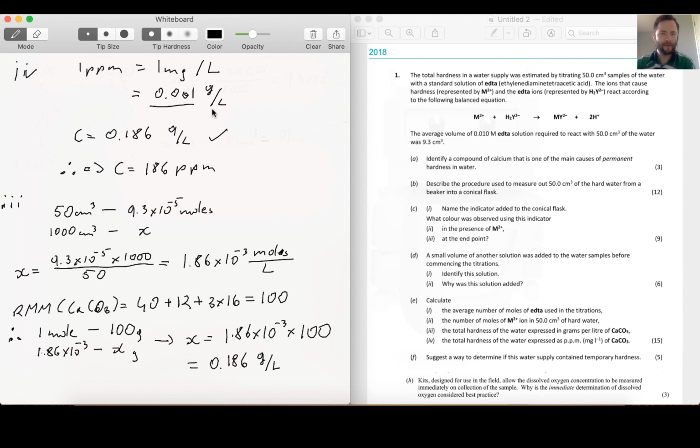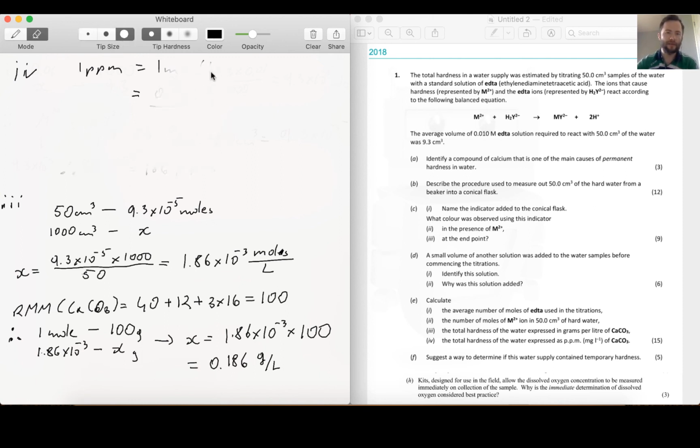That's the first thing to know. The second thing I know is that 1 part per million is a thousandth of a gram, 0.001. So then finally I get that the concentration is equal to 186 parts per million. Maybe just to make it a little bit clearer, I might put it as a proportion.